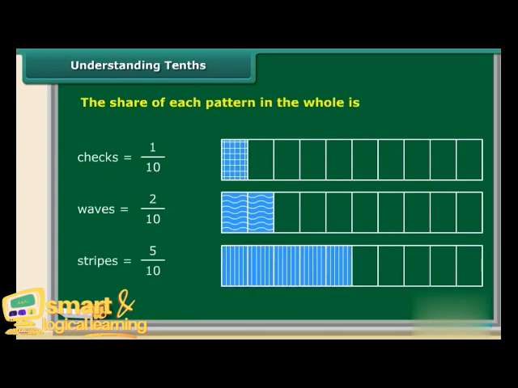In all these cases, we express the share of the patterned blocks to the total blocks as a fraction with denominator 10. Such fractions are called tenths. Thus, while one part is 1/10, two parts show 2/10, and 5 parts represent 5/10. 1/10 can be written as 0.1 in decimal notation, 2/10 as 0.2, and 5/10 as 0.5.